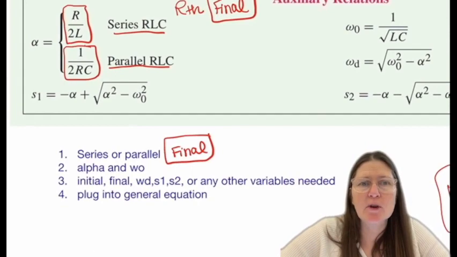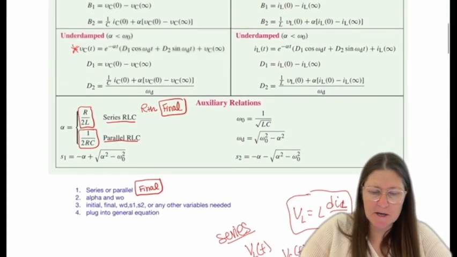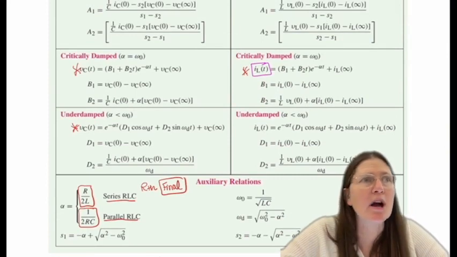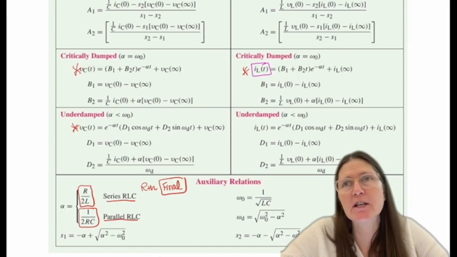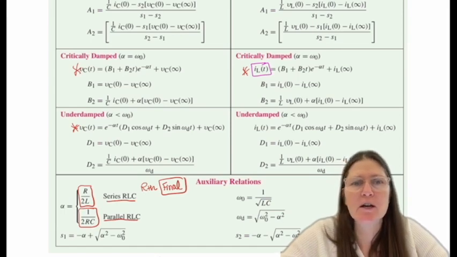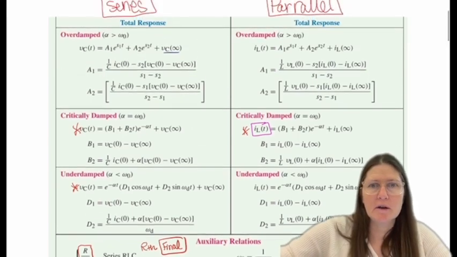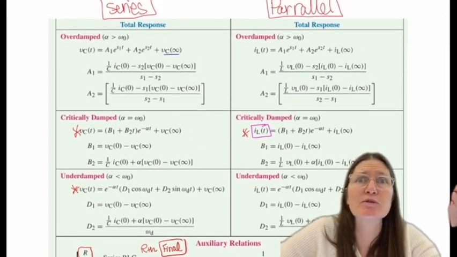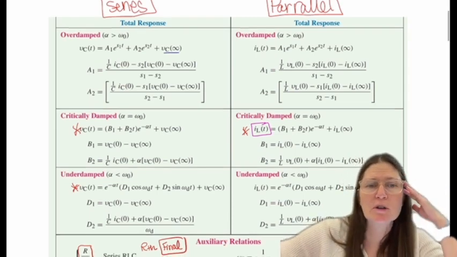And then you're going to find, to determine the initial values, which would be like VC of 0 or IL of 0, and then the final value, VC of infinity or IL of infinity. And then for overdamped, you need to know the roots. Remember those characteristic roots, S1 and S2.